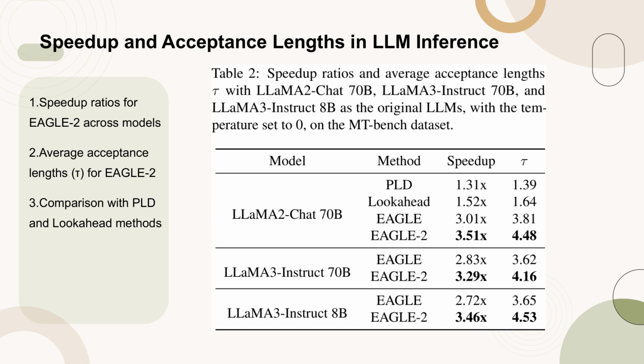Key metrics include the significant speedup achieved by EAGLE-2, particularly with the Llama 2 Chat 70B model, where it achieves a 3.51x speedup and an average acceptance length of 4.48. This demonstrates the efficiency and effectiveness of EAGLE-2 in accelerating LLM inference without compromising on quality.